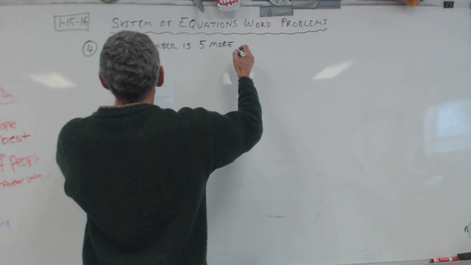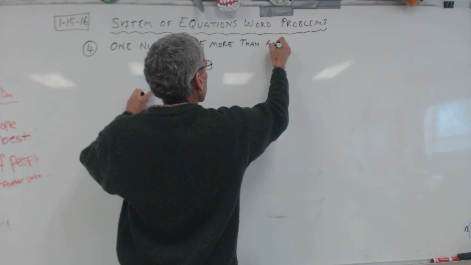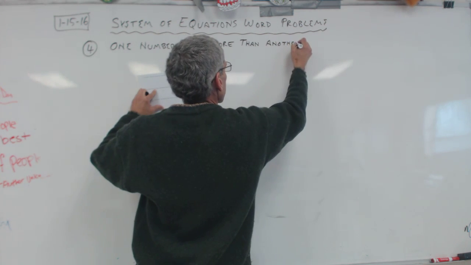One number is 5 more than another. That's pretty easy.